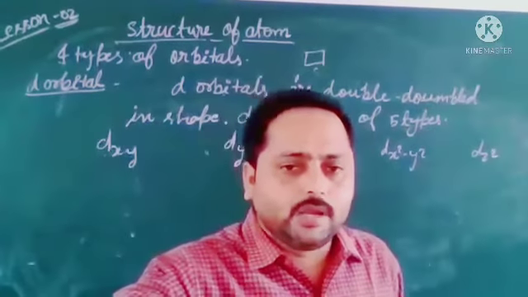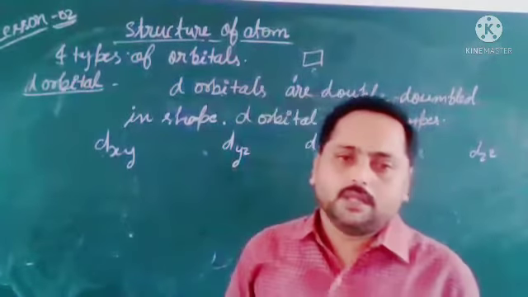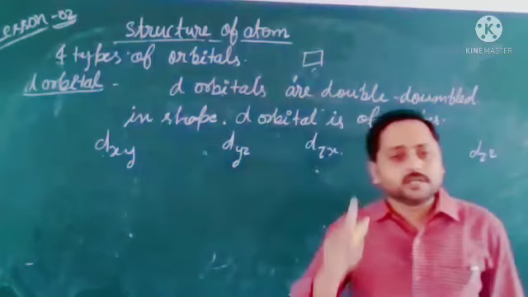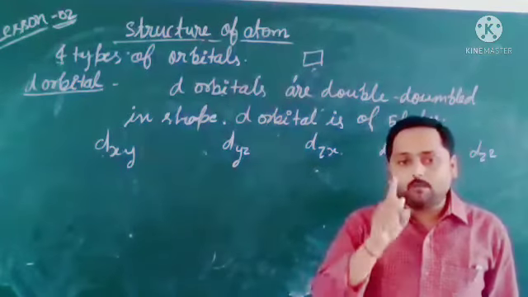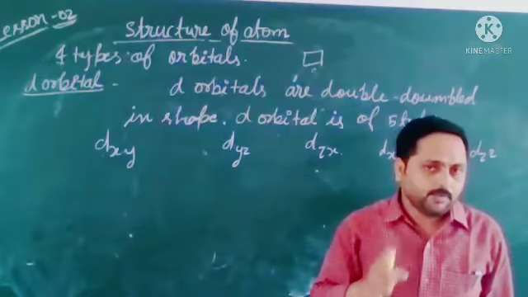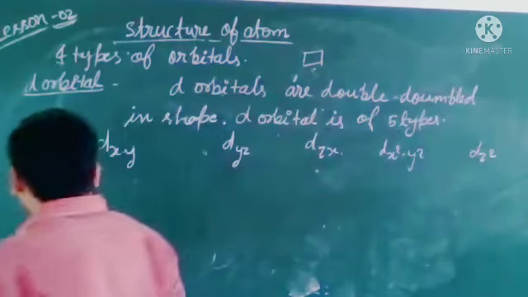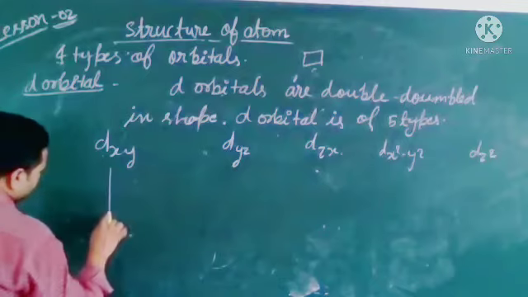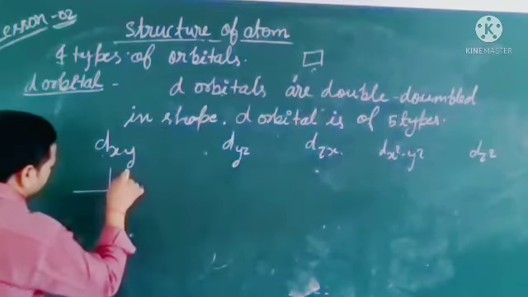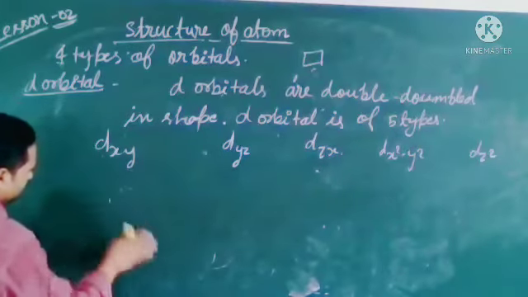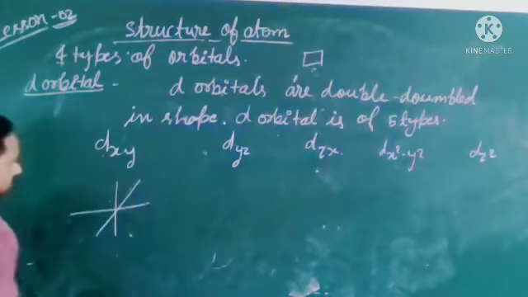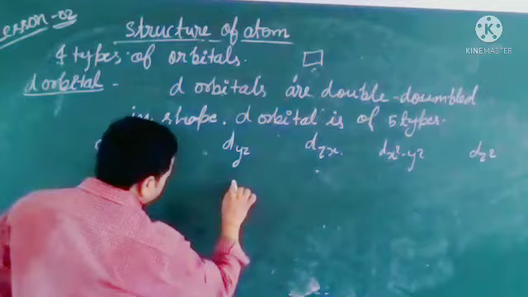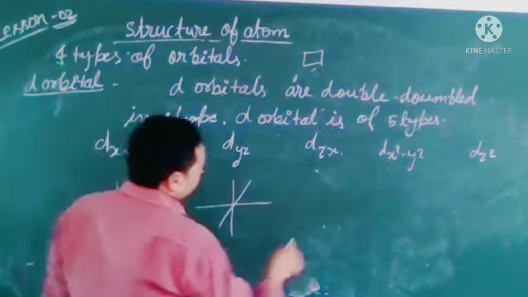I have written them so we can easily understand the shape of the orbitals. As I told, the orbitals are double dumbbell in shape. Three axes will be drawn like this. First we draw three axes.